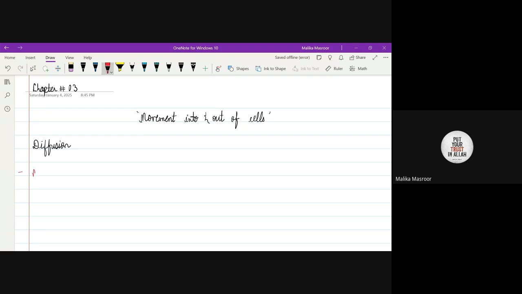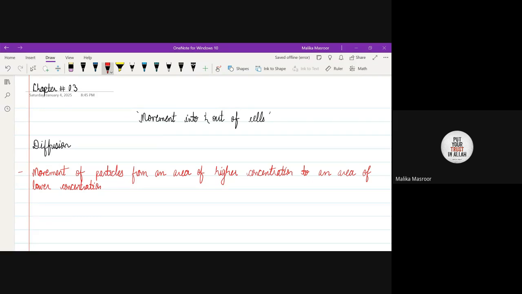So I will say diffusion is the movement of particles from an area of higher concentration to an area of lower concentration, down the concentration gradient.